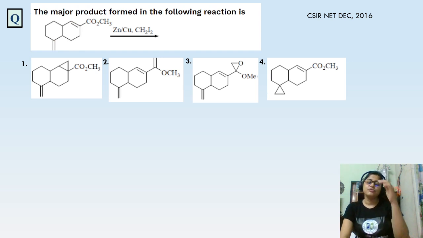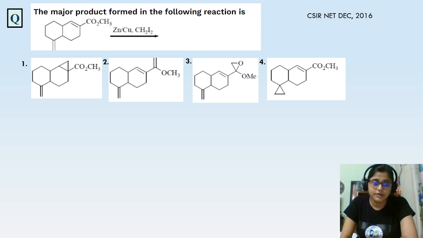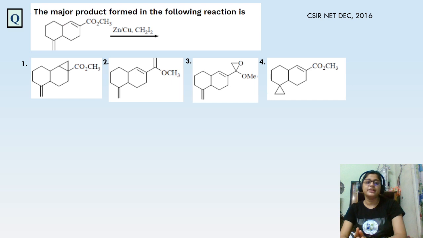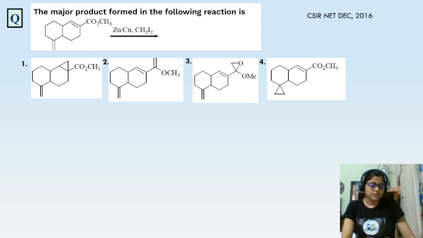So stereoselectivity will be there here. One alkene will have a better capability of donation than the other one. So let's see the options in the question.